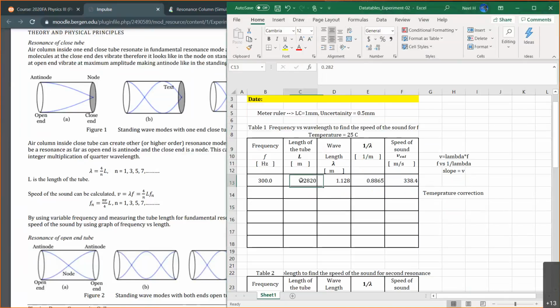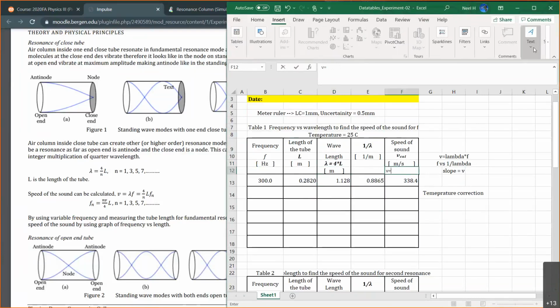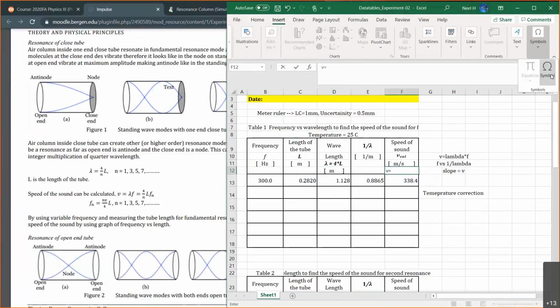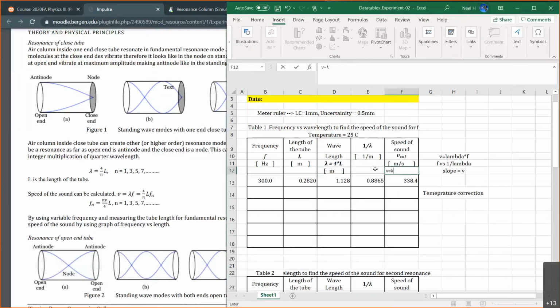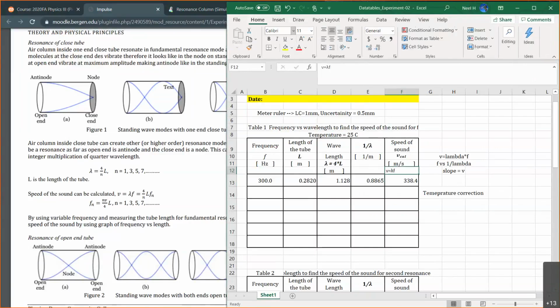Lambda is just 4 times L, and then V is lambda times F. You can insert the symbols and everything here nicely if you want. Okay.